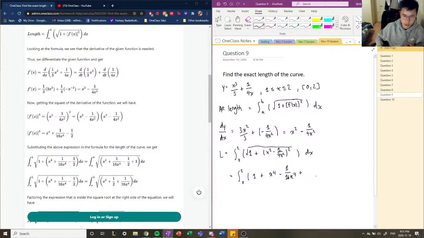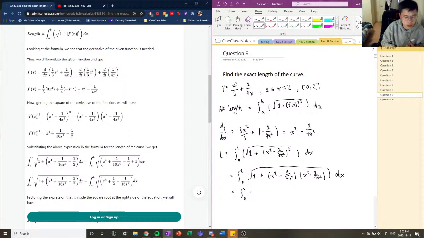Maybe I'll need to really just expand all of it. I'll write it all up: x squared minus 1 over 4x squared times x squared minus 1 over 4x squared, all square rooted, dx. Let's solve this. This is going to be huge.